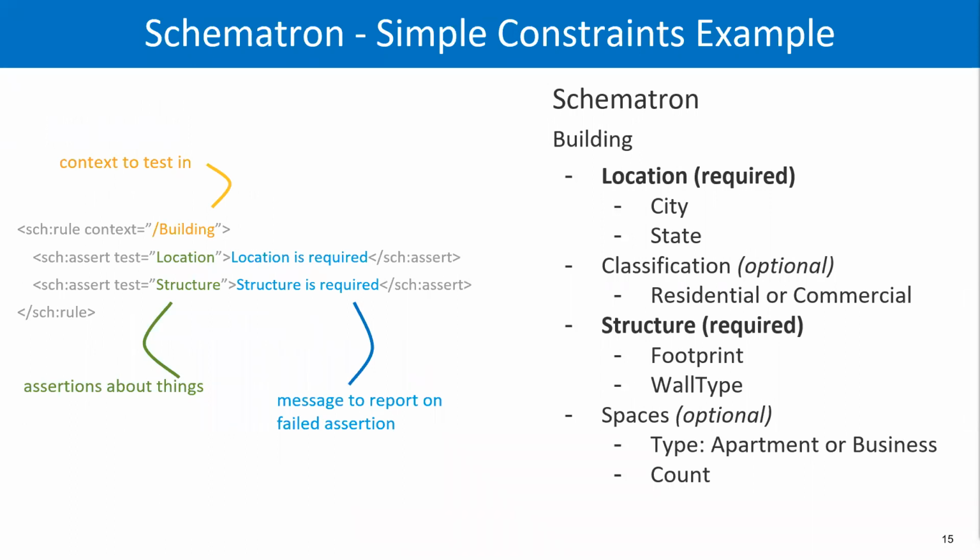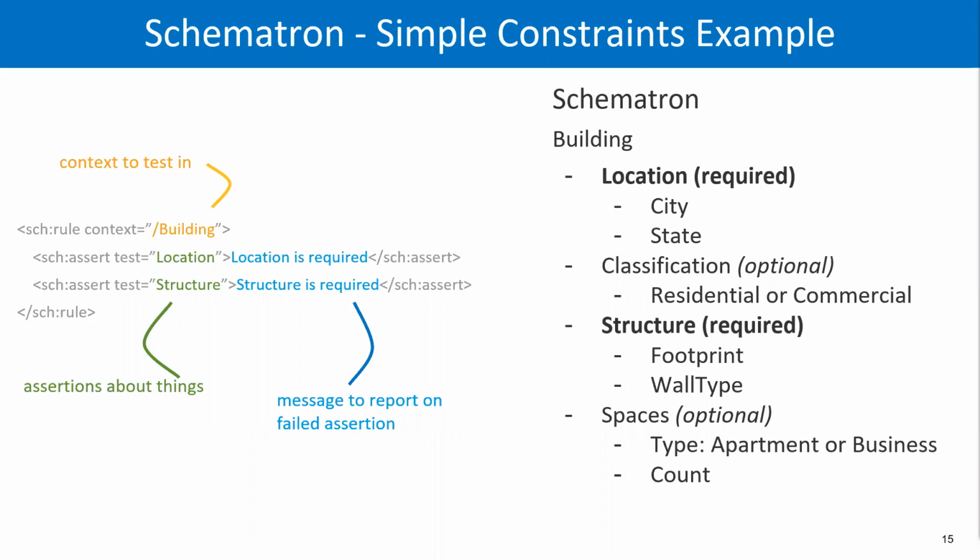The neat thing about Schematron, actually, I don't know if I'd say neat, but it's written in XML. So this is just a small snippet of a larger document you would have, so there are parent elements, of course, to this. But the way you write it is you provide a context. You want to say where you are testing this, which is an XPath. In this case, we want to test at the root building element, and then you provide a test itself.